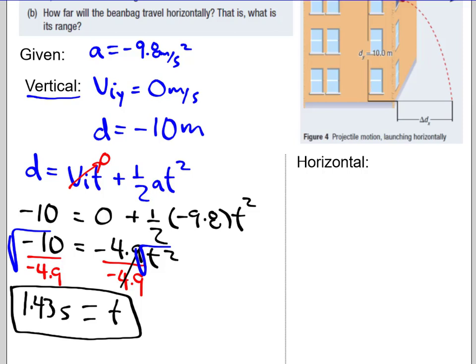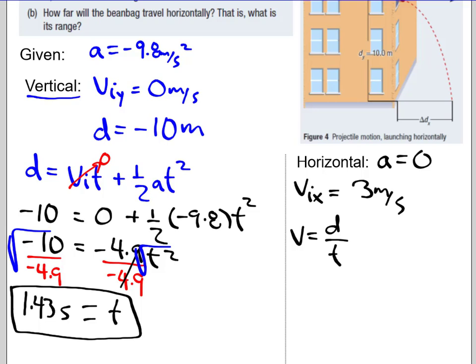Now, once we have the flight time and we know how long it's in the air, then we can come over to horizontal and list what we know for horizontal. We know the initial velocity in the x direction is 3 meters per second. We know that a is 0. There's no acceleration in that direction. So that means our equation is v equals d over t.